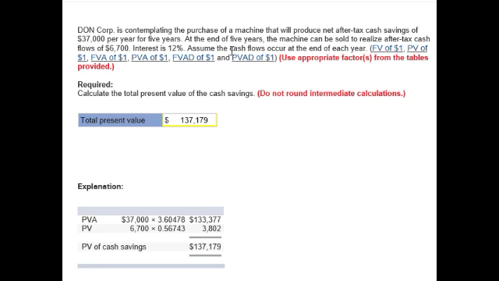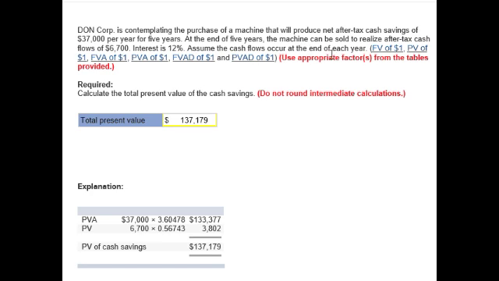Also, the last sentence says assume the cash flows occur at the end of each year. When a cash flow occurs at the end of each year or each period, you should be using which one? Present value annuity. If it said to assume the cash flow occurs at the beginning of each year, then we should be using the present value annuity due table.